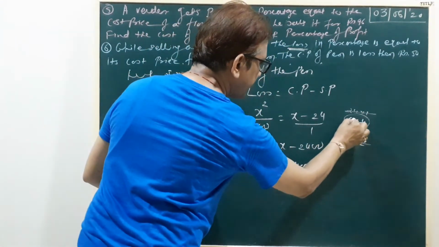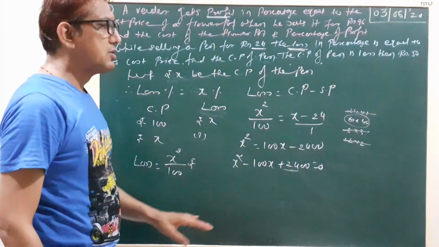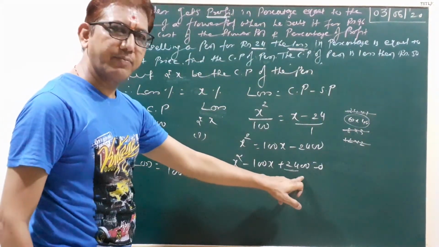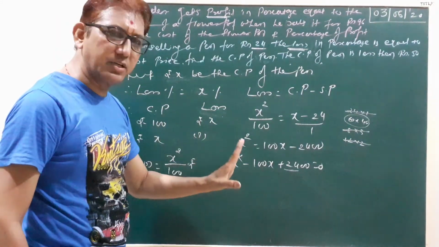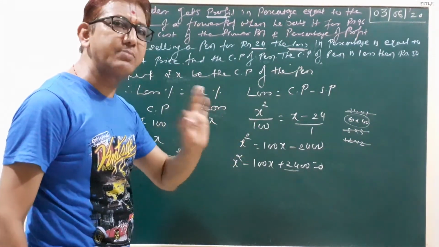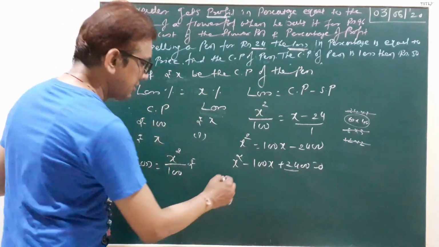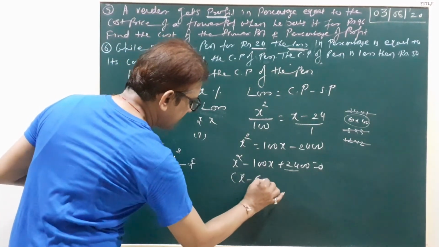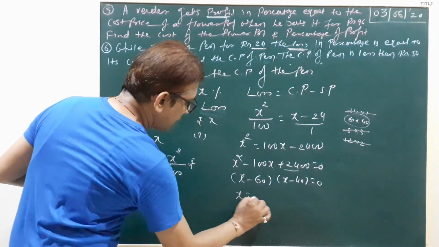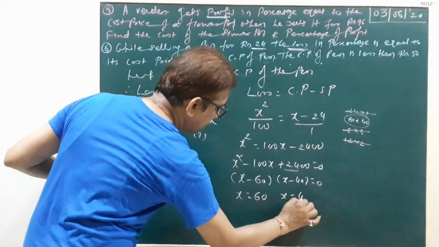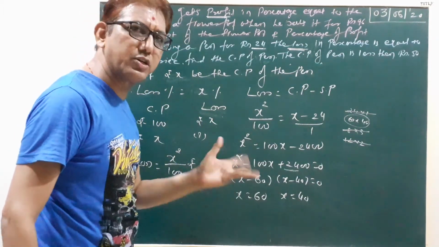Here put 0 and 0. So 60 into 40 is 2400 and 60 plus 40 is 100. Here the last term is positive, so both factors have the same sign as the middle term. So x minus 60 and x minus 40. So x equal to 60 and x equal to 40. So both answers are possible.